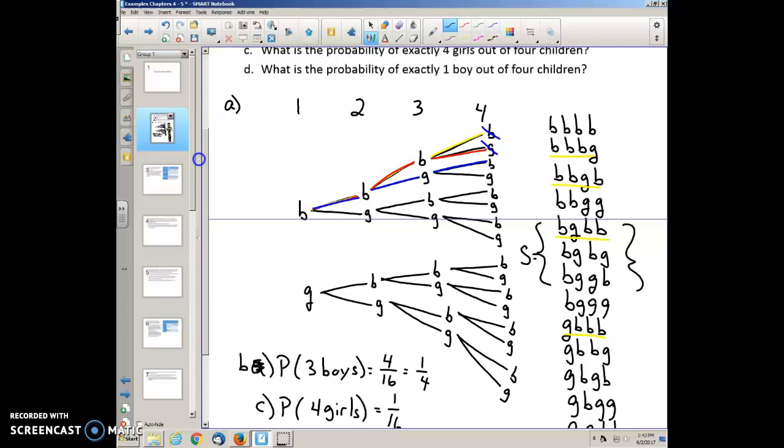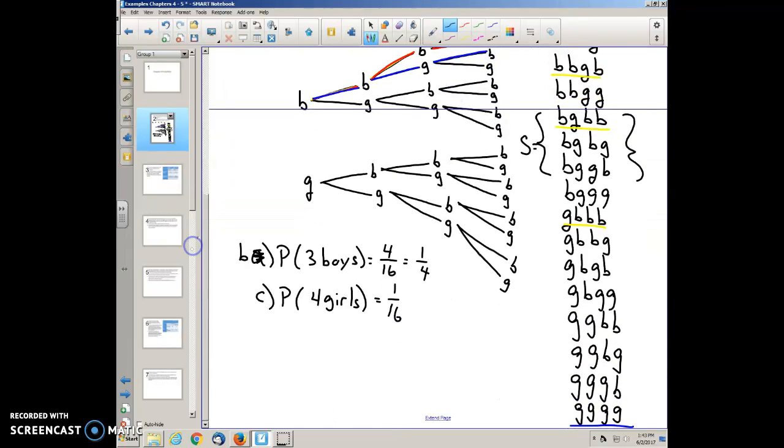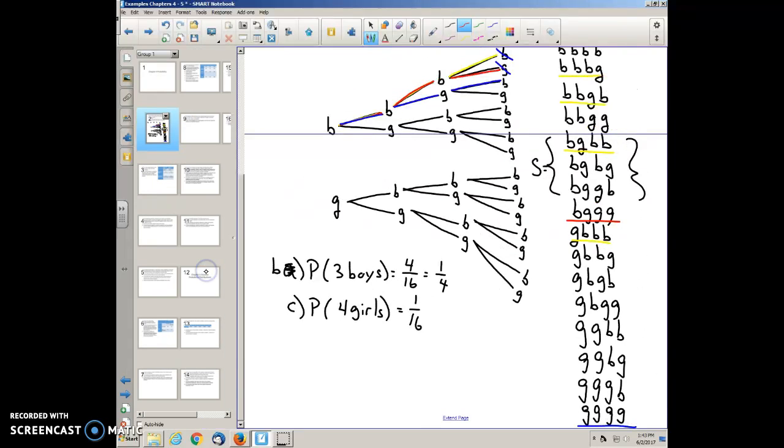D. What is the probability of exactly 1 boy? So let's go find all the scenarios or outcomes where there's 1 boy. Here's one. Here's another one.